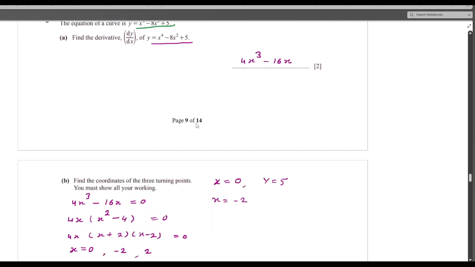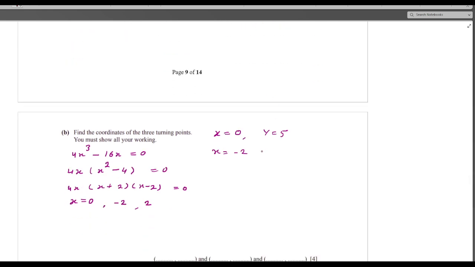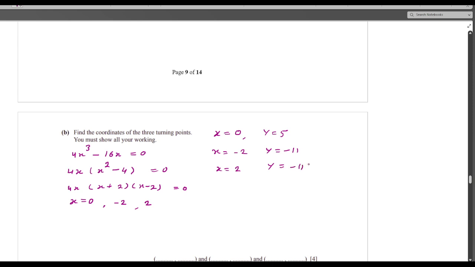If I take minus 2, minus 2 power 4 is 16. So 16 minus 8 times 4, which is 32, plus 5. So this gives you minus 11. So x is minus 2, then y is minus 11. And when x is plus 2, that time also I will get y as minus 11.